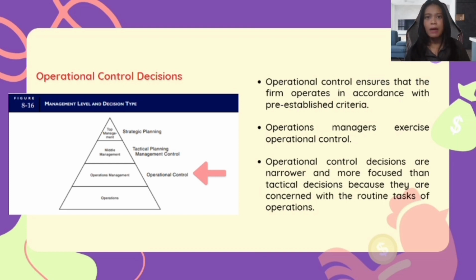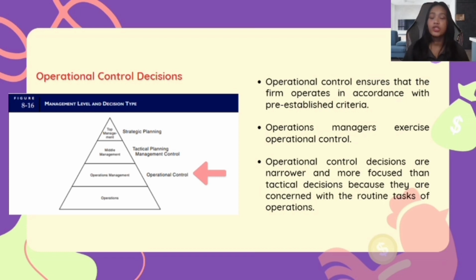Compared to the management control decisions, operational control decisions are more structured, depend more on details than planning decisions, and have a shorter time scope than the tactical or strategic decisions.